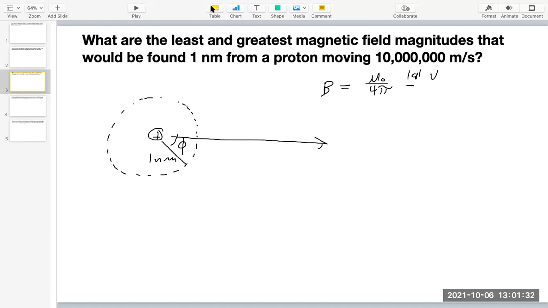That is ugly enough to merit rewriting. Divided by the distance squared.